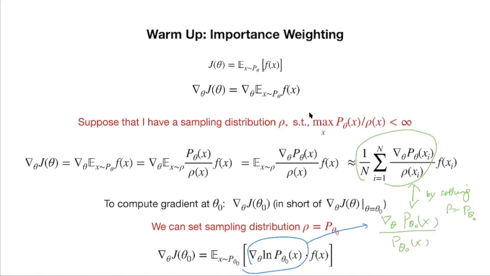Okay, so now let's talk about the sampling procedure. This is nice because my expectation is with respect to my current distribution, so I can just sample points from my current distribution.